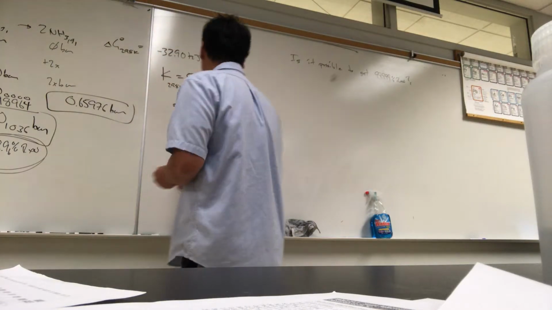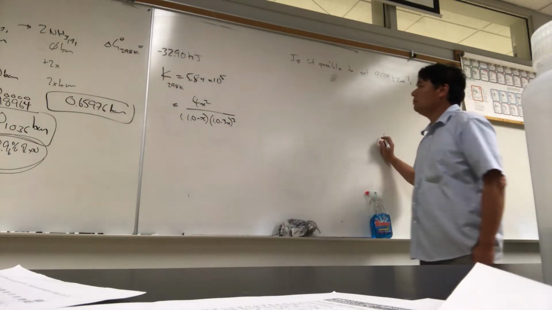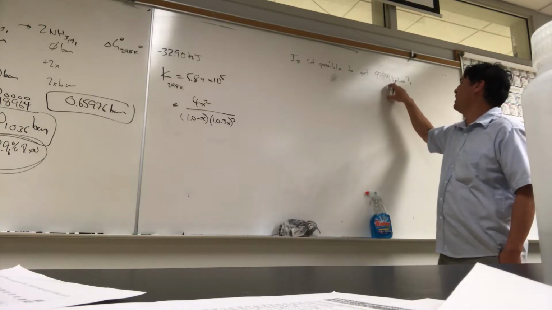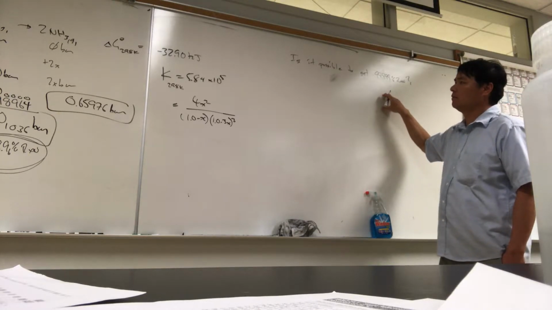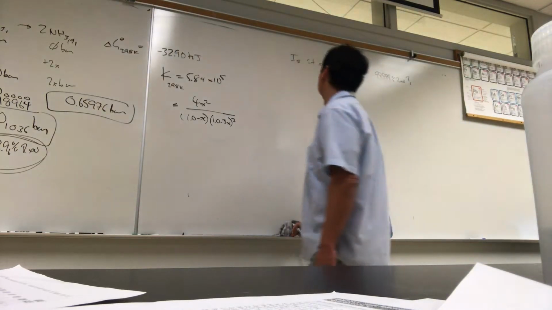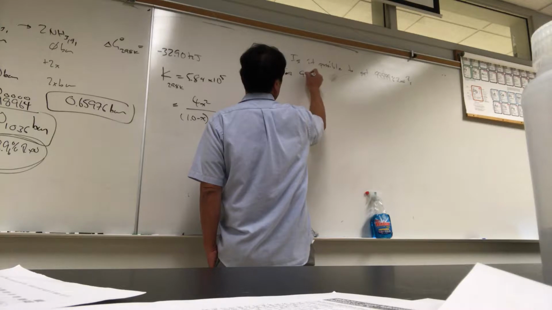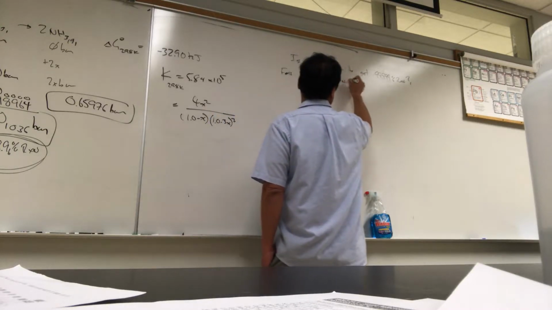And so what we want to do here is this. If we have 99.999% reaction, then what is the K value that would be associated with that? That K value is where we have to stop. And so for 99.999% reaction, what must be the K value?